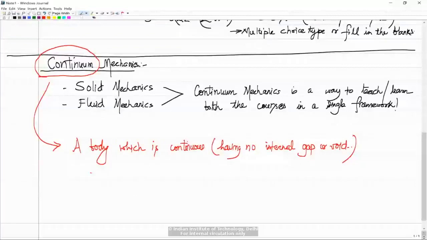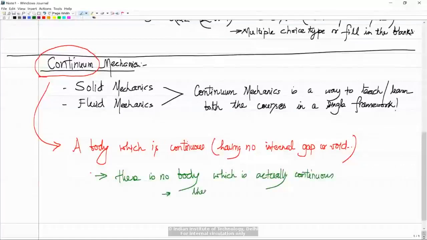So I should say that there is no body which is actually continuous. They are discrete at nanoscale.